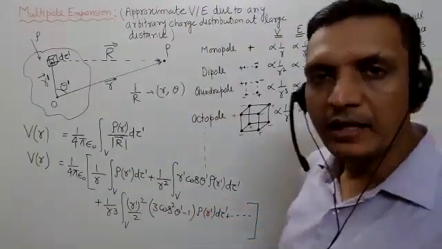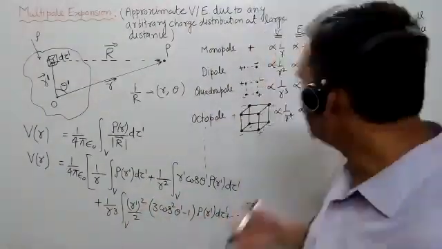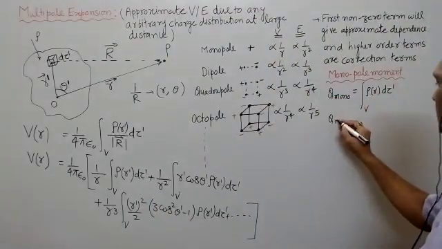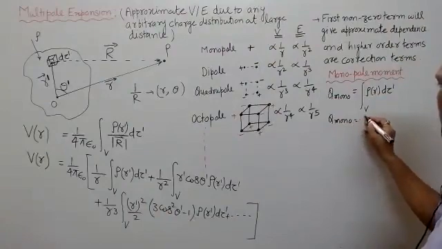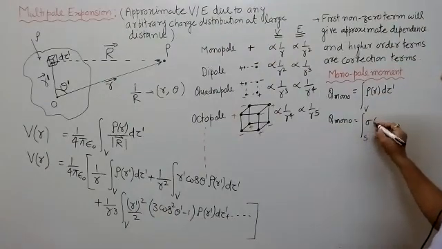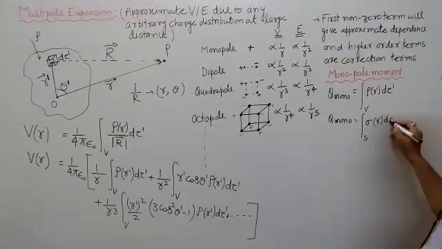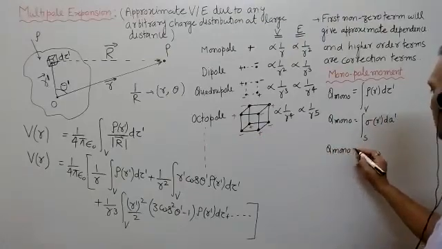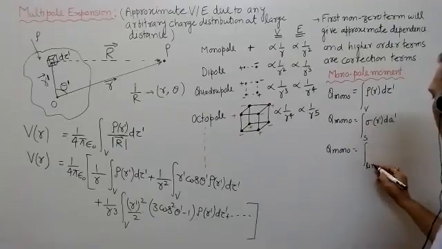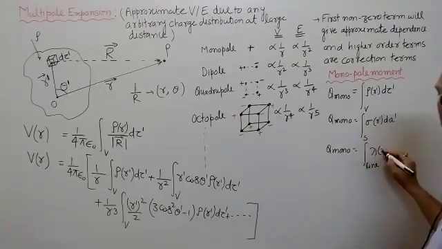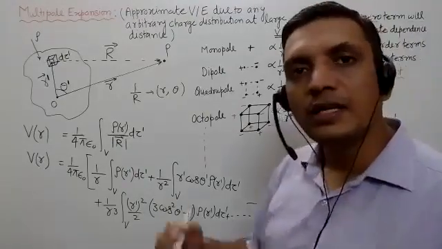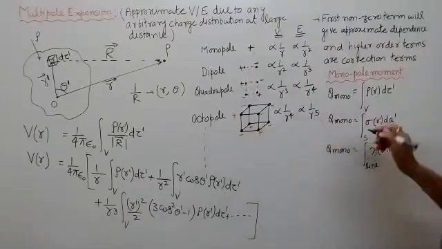We can also define this for surface charge, line charge, as well as discrete charges also. So we can write for surface charge, this can be written as surface integral sigma r dash dA dash. For line charge, this can be written as line integral lambda r dash dl dash. This is for continuous charges.